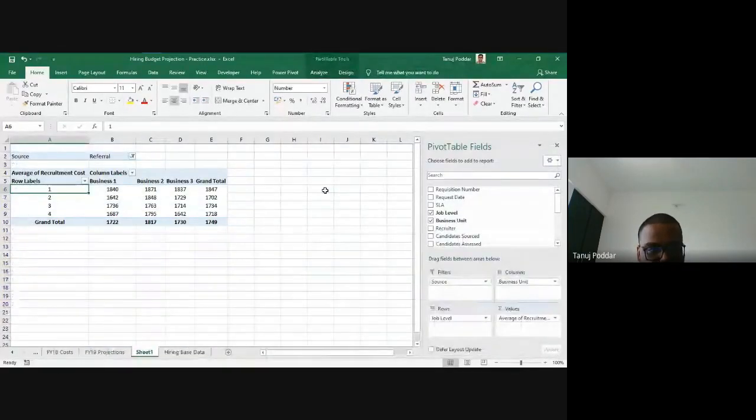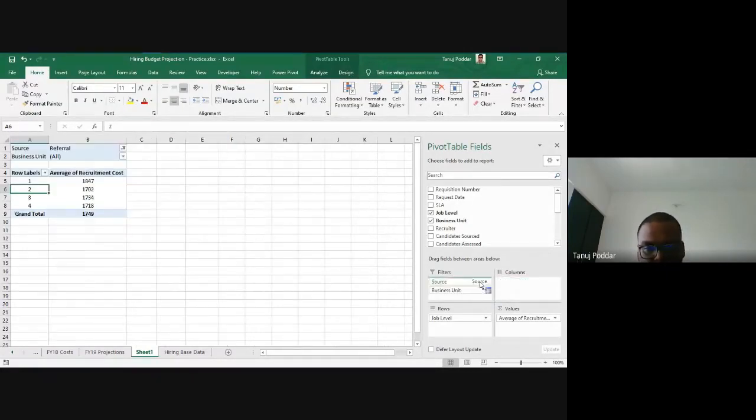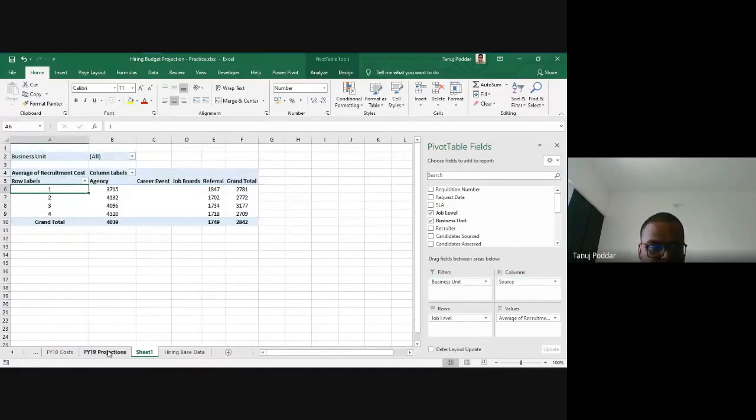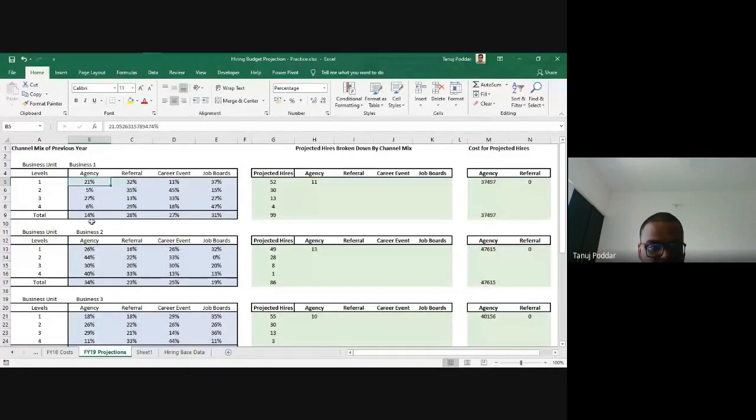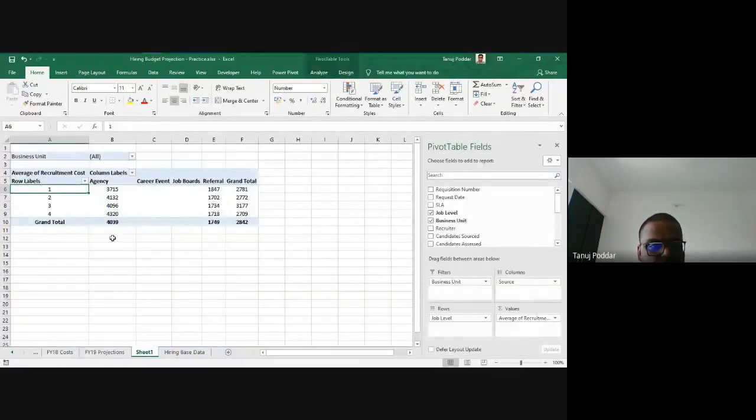So this pivot that we had created, we'll go back to this pivot. Don't worry, I'll be sharing the sheet with you which has the pivots in the sheet itself. Out here, instead of this table, you'll find the pivot so that you know what I've used.